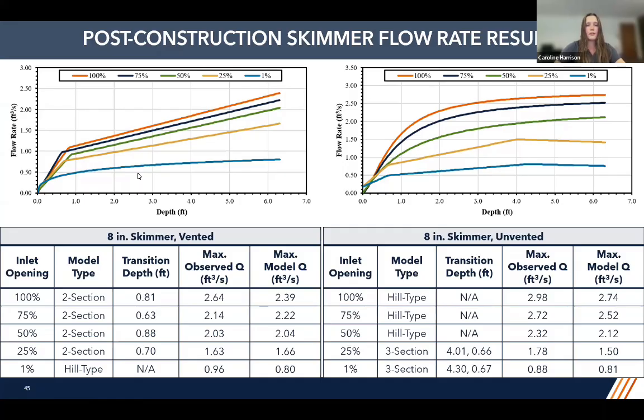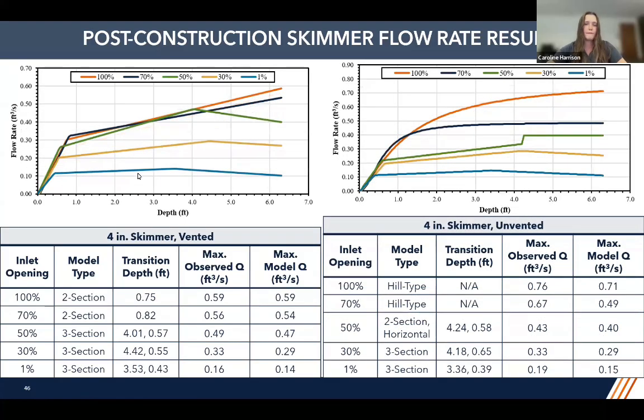One thing we saw here was that our maximum flow rates for the unvented configuration were greater than the vented configuration. For our unvented, our maximum flow rate was close to 3 cubic feet per second, whereas for our vented configuration, our max flow rate was about 2.6 cubic feet per second.